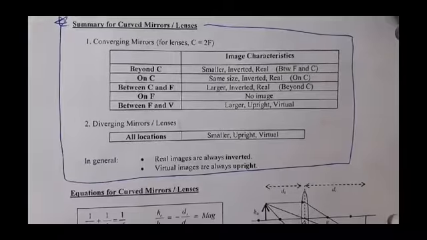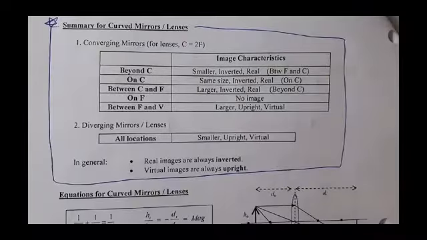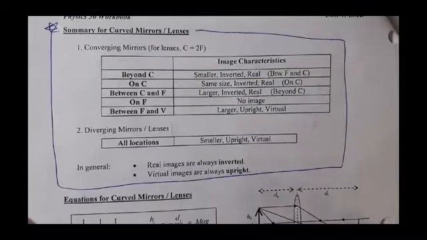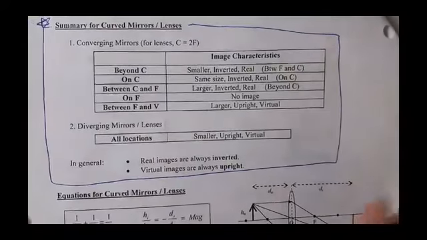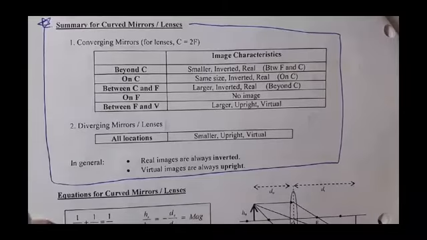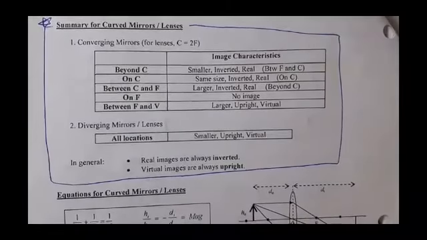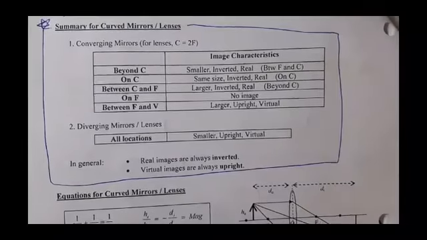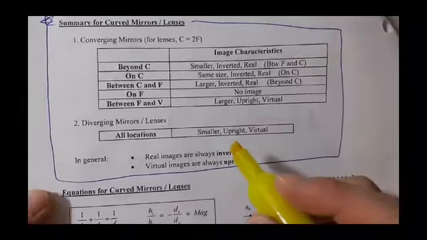So Physics 30, if you go to page 22 of my Unit C booklet, you will notice that there is a summary of curved mirrors and lenses, depending on whether it's a converging or diverging type of mirror or lens. If you really want to memorize, feel free, but there are only a few things that I want you to understand.